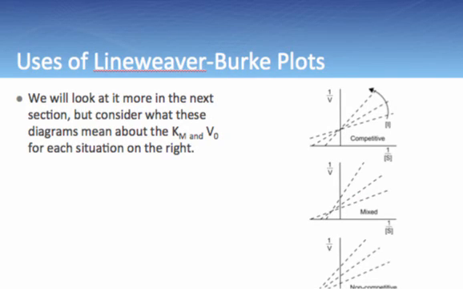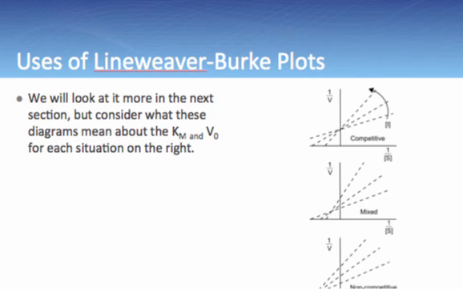So why do we use the Lineweaver-Burk plot? These are, like I said, a lot easier to extrapolate data from, and so it allows us to compare different enzymes or the same enzyme under different conditions a lot easier. It also, we'll talk about this more for next class, deals a lot more with inhibition and how we can inhibit enzymes with different competitive, mixed, or non-competitive inhibitors.